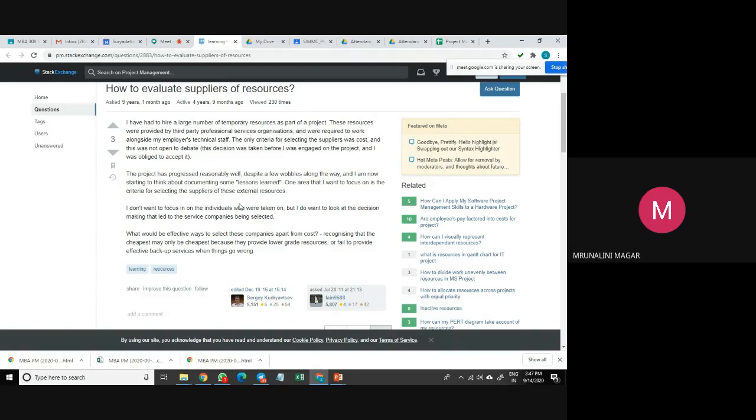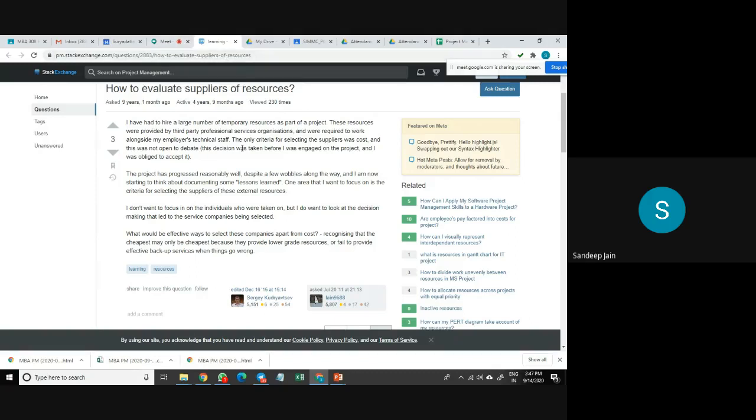I don't want to focus on the individuals who were taken on, but I want to look at the decision making that led to service companies being selected. What would be effective ways to select these companies apart from cost? Recognizing that the cheapest may only be cheapest because they provide lower grade resources or fail to provide effective backup services when things go wrong.